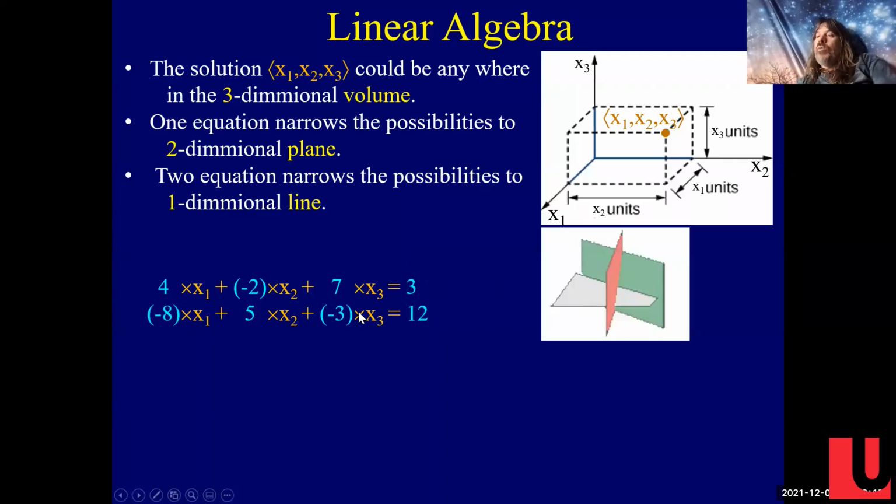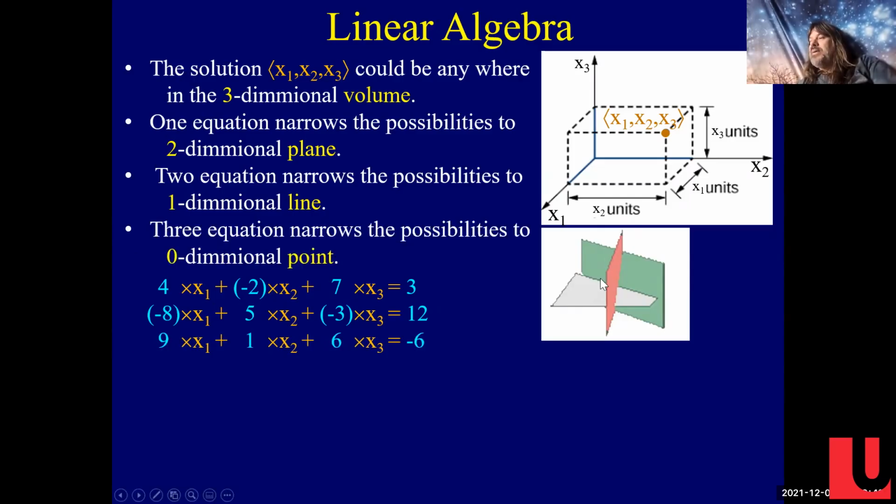And if you require both equations to be true, then we have to be in the gray plane and we have to be in the green plane. And where does that put us? That puts us in the line that intersects them, right? We need this to be true and we need this to be true. Hence, we're in the intersecting line, right? Does that make sense? Yeah. And then we bring in a third equation, which might be the red plane. And that narrows us down from being in a line to being in a point.